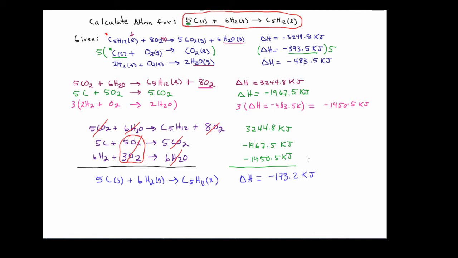All right. Now, very quickly, I just want to confirm on my calculator that I didn't make an error. So it's 3244.8 minus 1967.5 minus 1450.5. Minus 173.2.